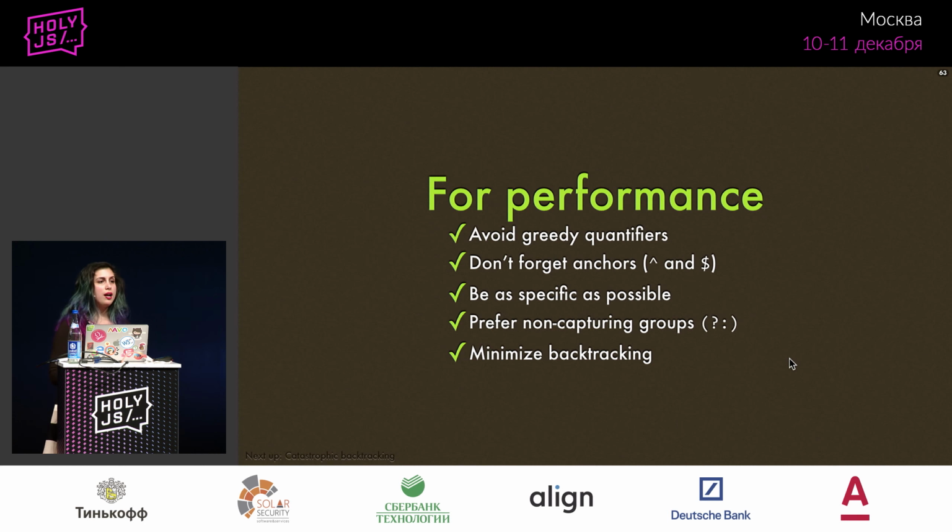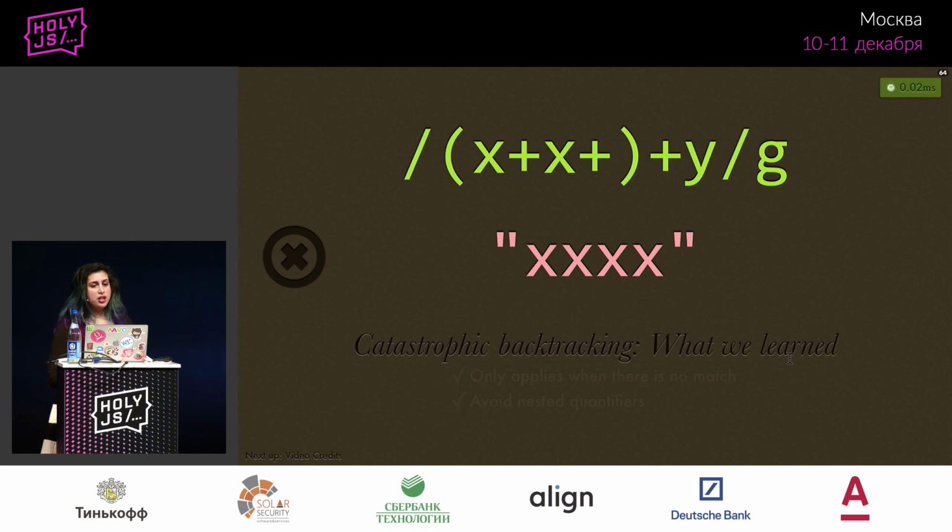It has to do with how the regex engine matches. It will try to consume as many characters as it can, and then when it realizes it made a mistake, it will backtrack one character, then it will try again, then another character. You can see the number of possible combinations can be huge, and especially when you have nested quantifiers, it can be way worse.